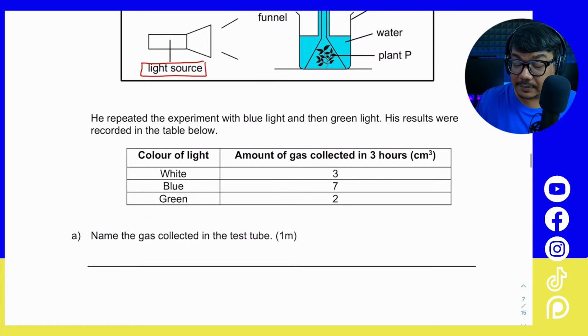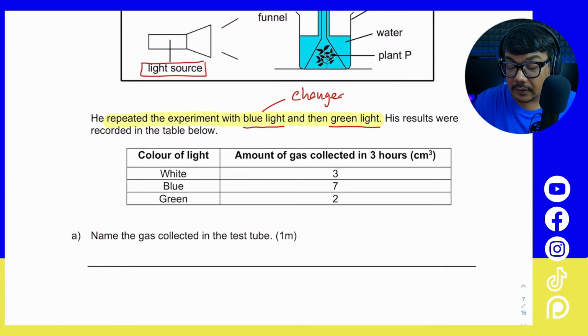So he repeated the experiment with blue light and then green light. So now I know that the blue light and the green light would be my changed variable.